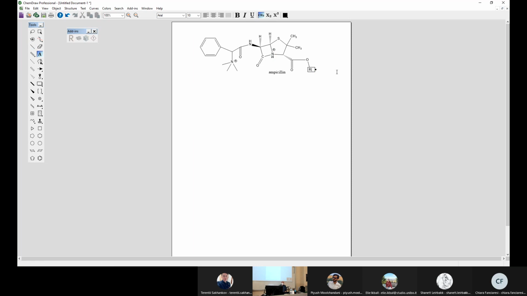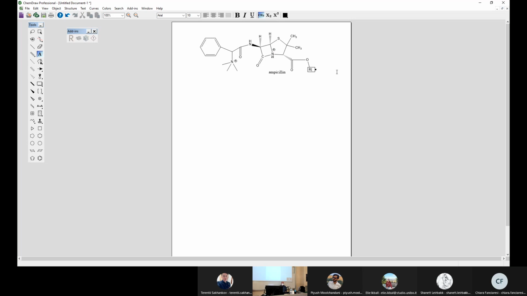Why in an ester? Because if you assume ampicillin in this form, it can be absorbed very easily in the intestine, where pH is higher than in the stomach.